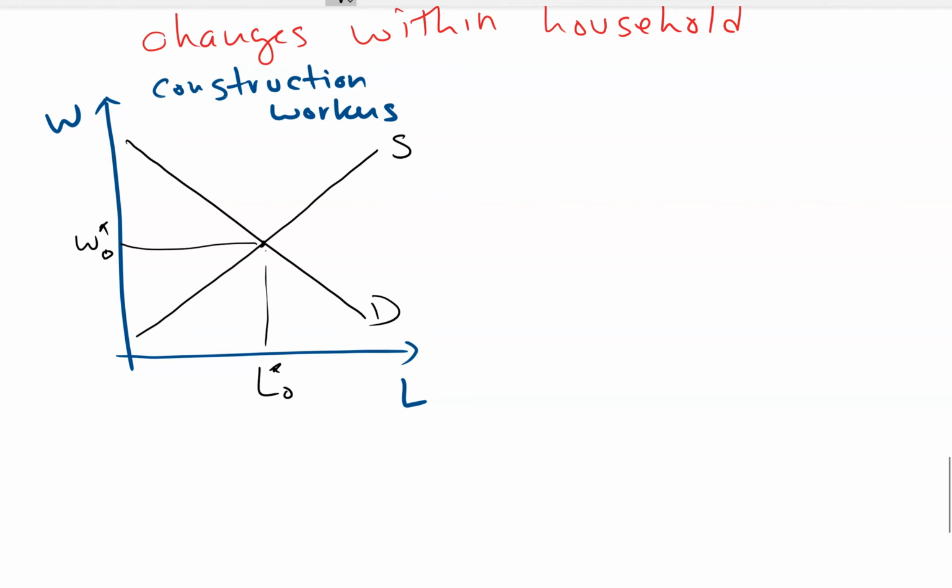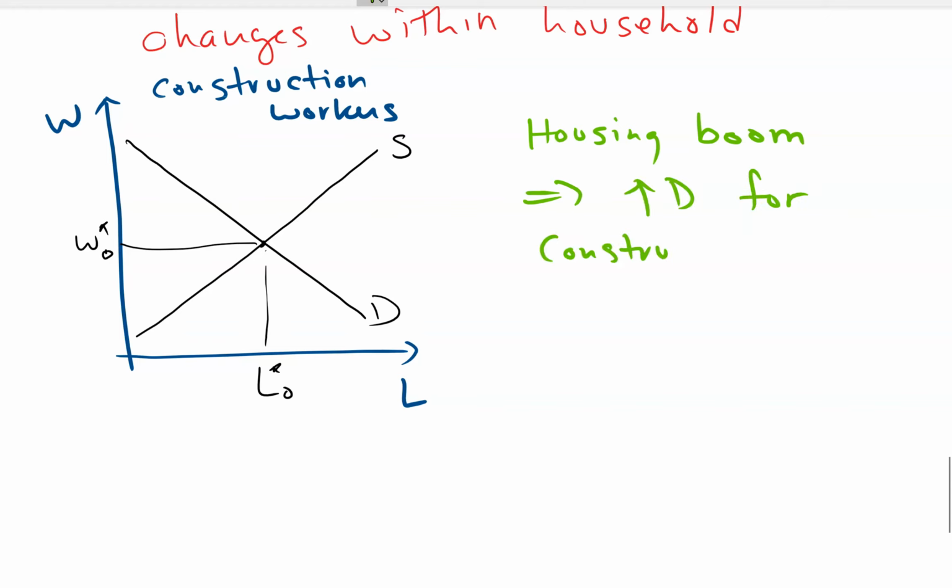Now this is an equilibrium. We're cruising along, and then something happens. Let's say a housing boom. We get a big increase in housing, which leads to a lot of construction, so this increases demand for construction workers. Some kind of economic activity can have a big effect on a specific labor market.